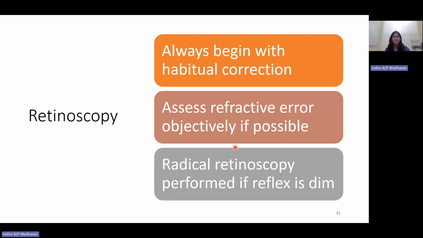Next is to assess refractive error objectively if possible. This is very crucial to have good retinoscopy skill. The reason is that subjective refraction is going to be super tiring, because it is going to take a very long time, and the patient can be very slow in giving responses.